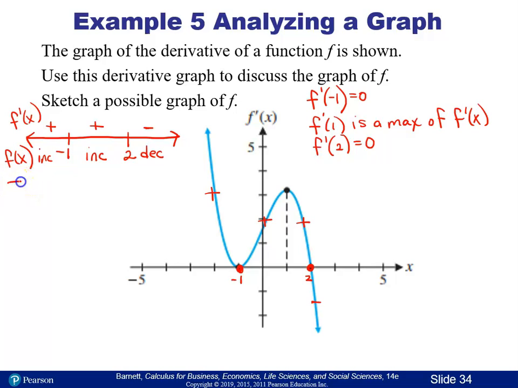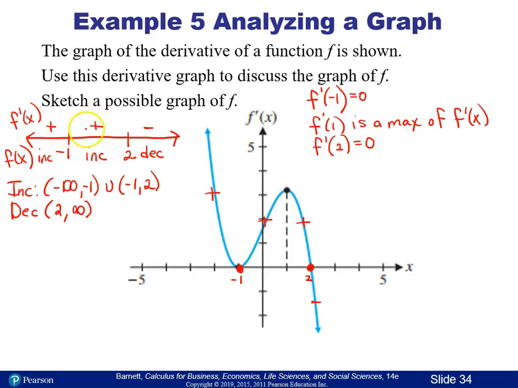So I could say that we know the original function was increasing from negative infinity to -1, and also from -1 to 2. And it's decreasing from 2 to infinity, because we have a negative first derivative there.